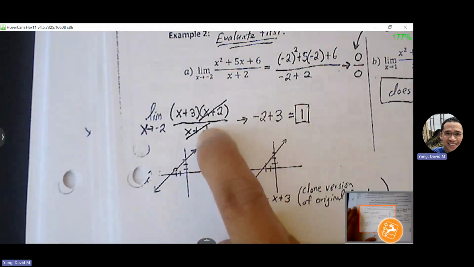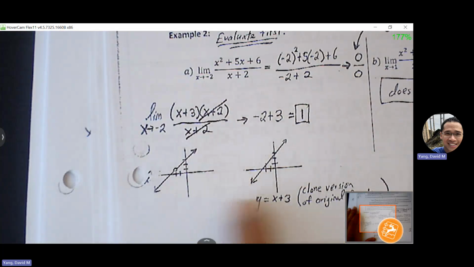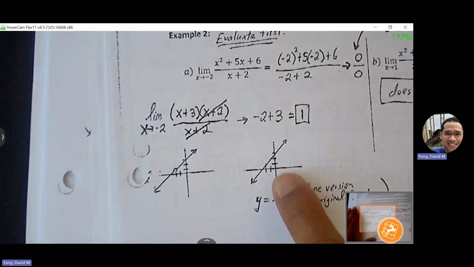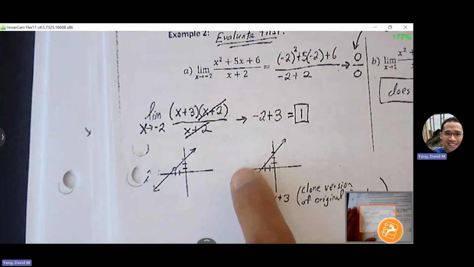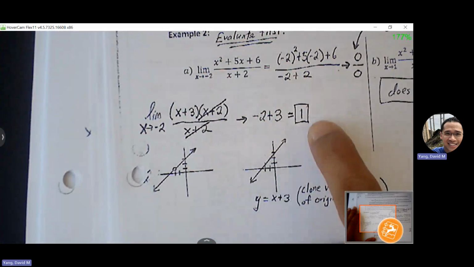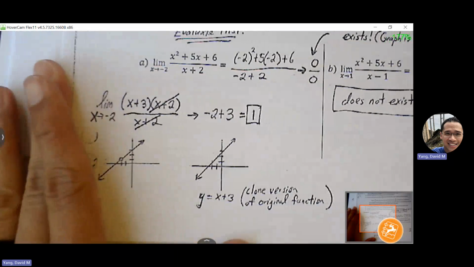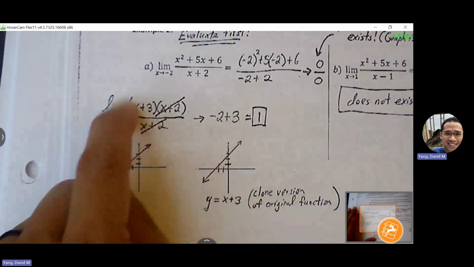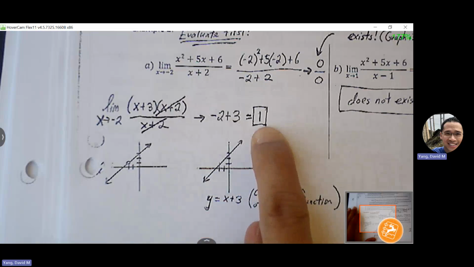But once the hole has been removed, we basically recreated this equation as this one. So the x plus 3 with the hole removed is just this equation. And if I plug in -2, I'm actually able to get to that real number of 1. So we're basically creating a different version of the expression so that algebraically we can get down to a real number.